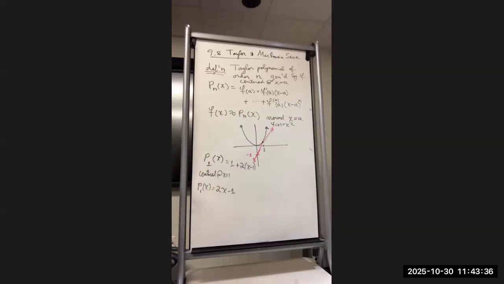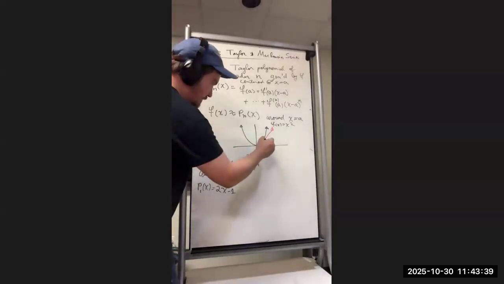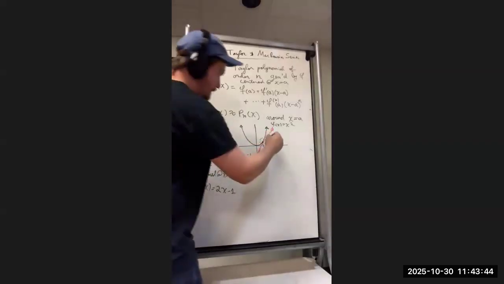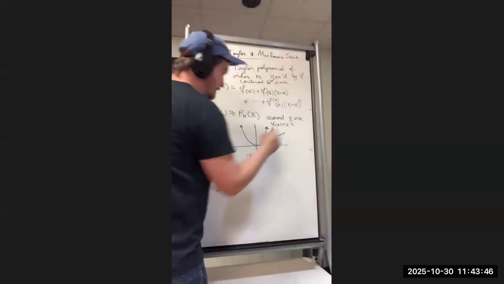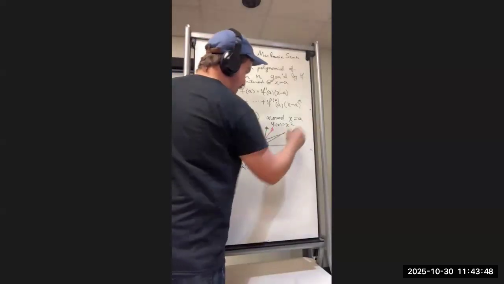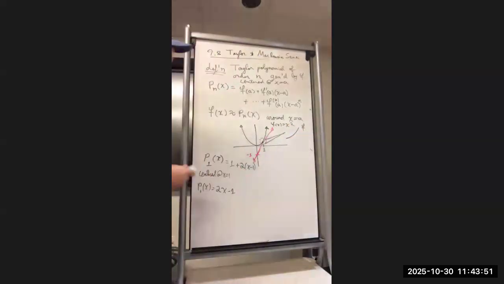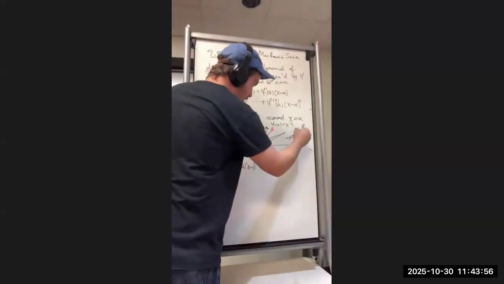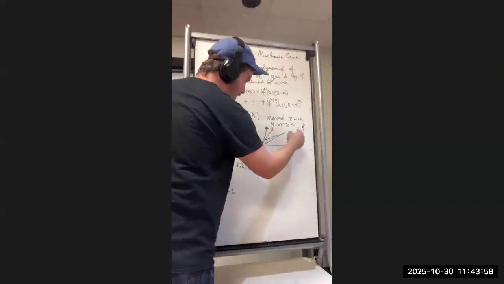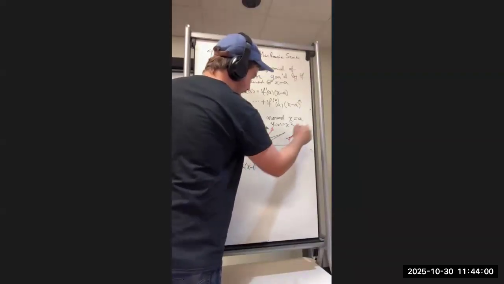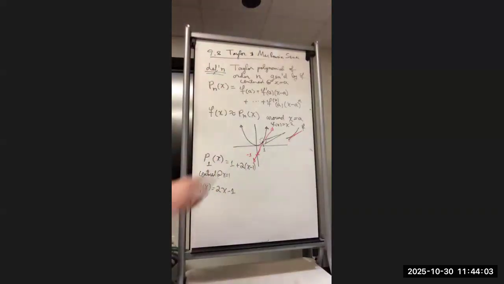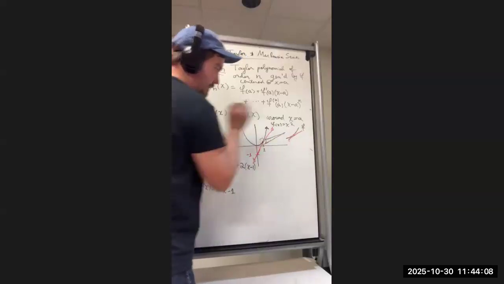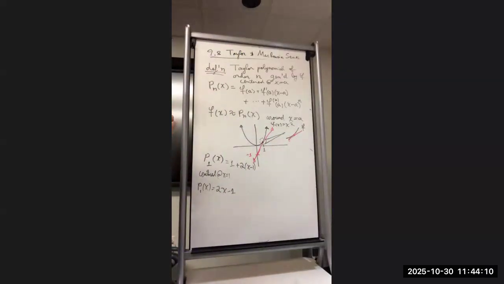If I zoom in on this thing, then I'm going to have the curve of f equals x squared, and then a little bit of a linear function, right, tangent to it, and it touches it right at 1, and then it starts deviating from it above and below 1, right?